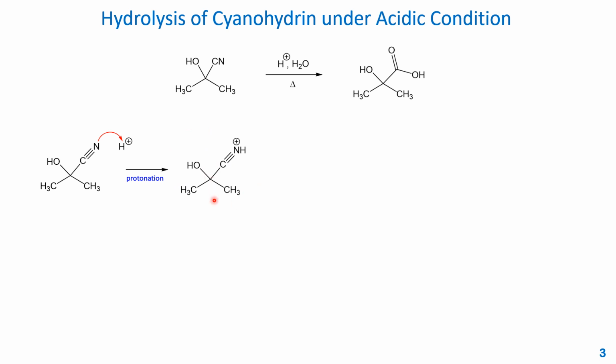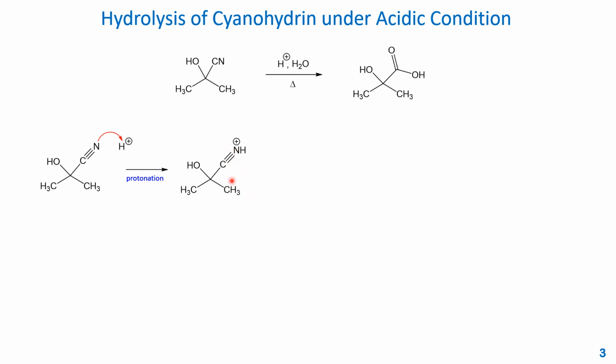Because this nitrogen now has a positive charge, this carbon is more electrophilic. So basically the first step, protonation, is activating this cyano group.